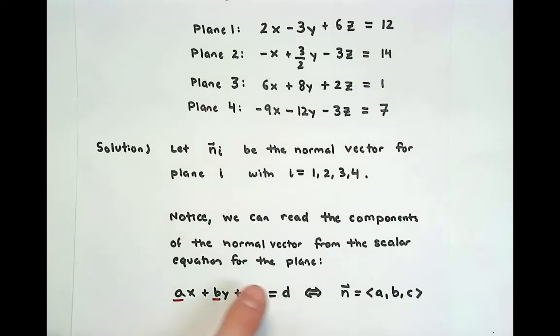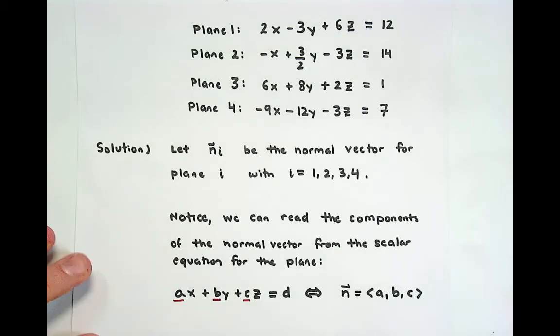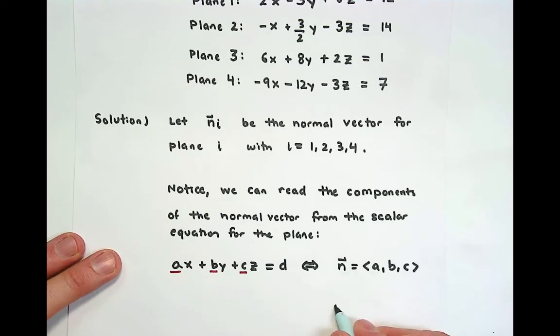Once we recognize this, and that comes from the dot product definition of a plane, remember the whole idea, I'm going to just come back to this over and over again to encapsulate where this formula comes from.